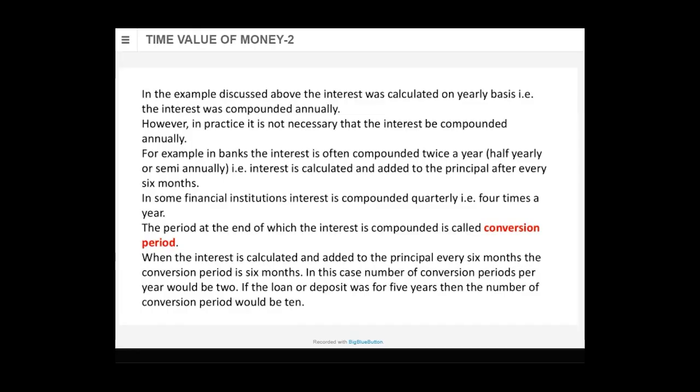If it is half yearly, then the conversion period is 6 months, and the number of conversion periods per year would be 2. So in a year, it will be twice. If the loan or deposit was for 5 years, then the number of conversion periods would be 10. In a year 2, in 5 years 10.